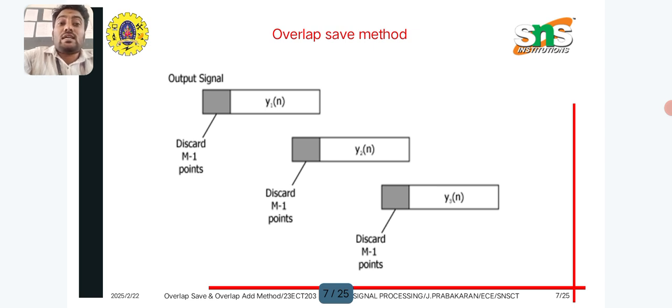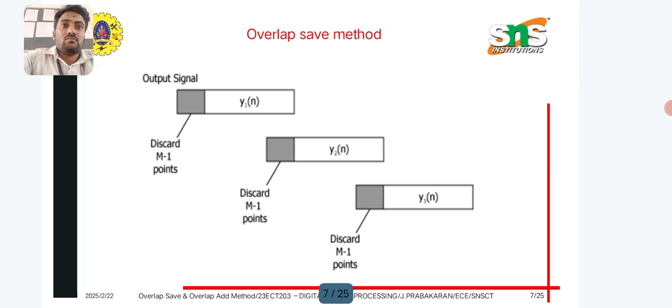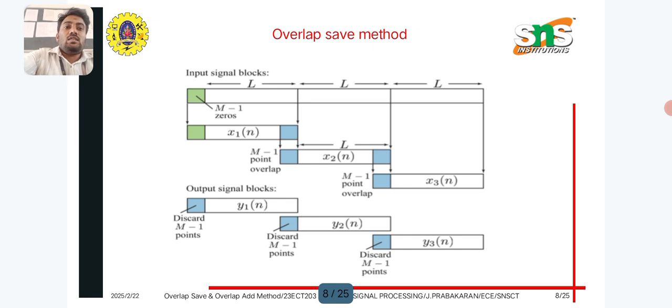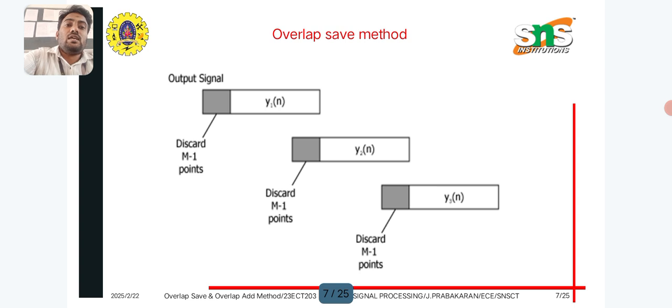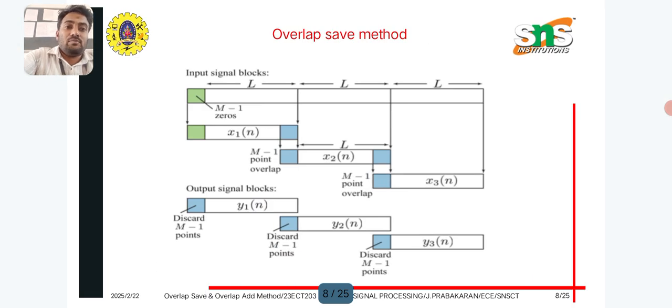Discard m minus 1 points, removing the m minus 1 data from the first output sequence y1 of n, from the second output y2 of n, and the third output y3 of n, likewise. The remaining data is the output data, which is y of n. This is the overlap save method.